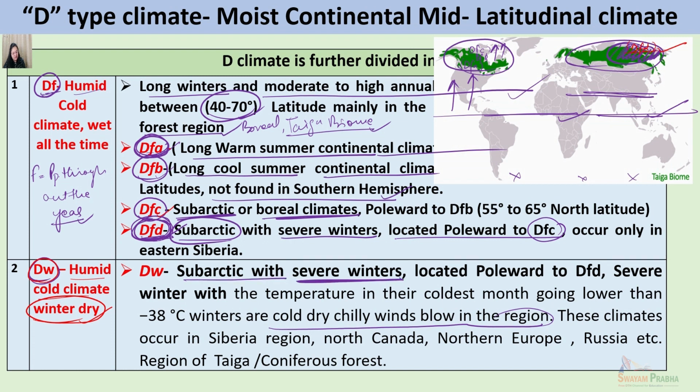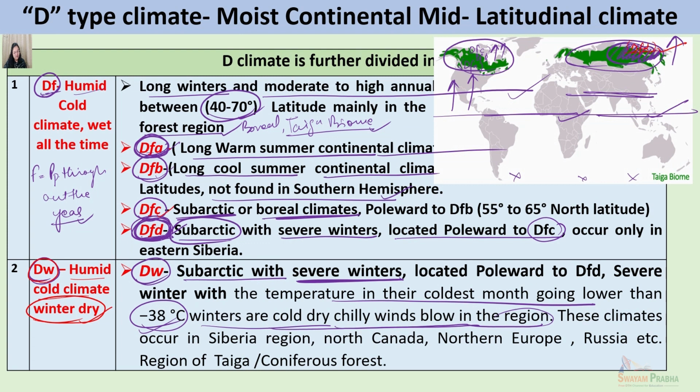Further, it is kind of a transition of DFD type of climate moving poleward. So as you move poleward, the DFD type of climate transitions into DW type of climate with more severe winter conditions, where the temperature of the coldest month goes below -38 degrees Celsius in winters, and winters are very cold with dry chilly winds blowing over the entire region.